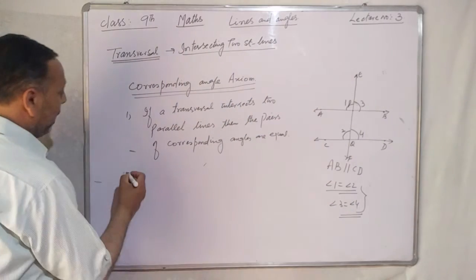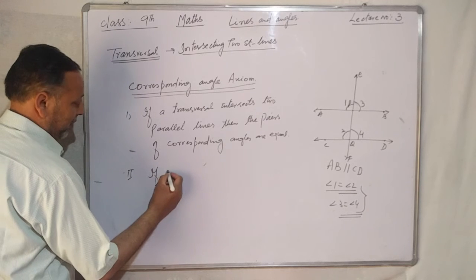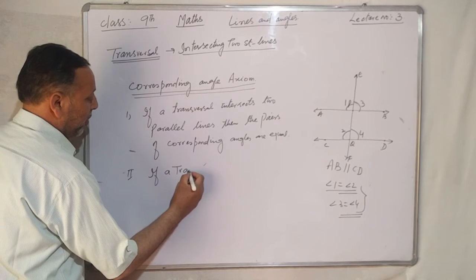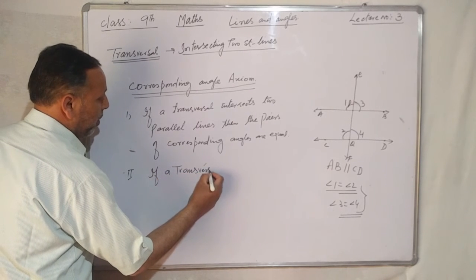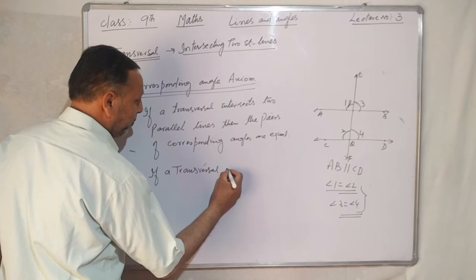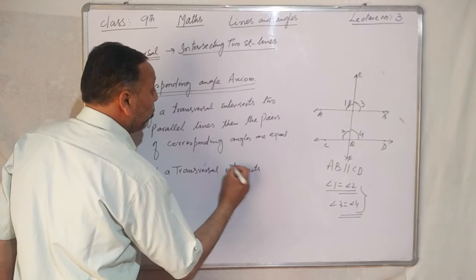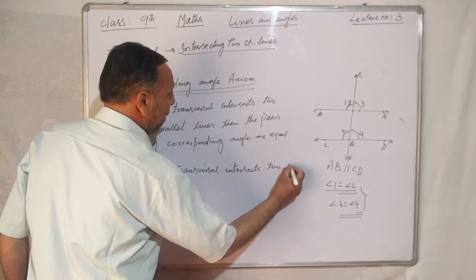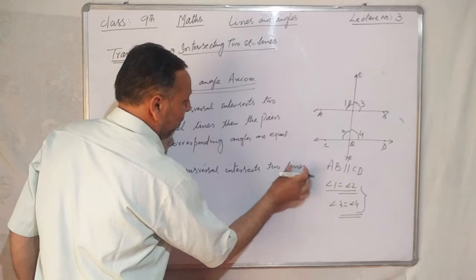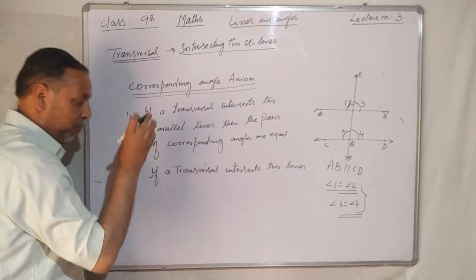And its second statement is: if a transversal intersects two lines. Here I used the words two lines, I did not say two parallel lines.